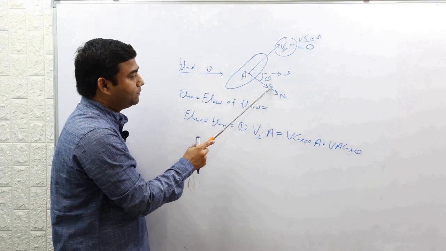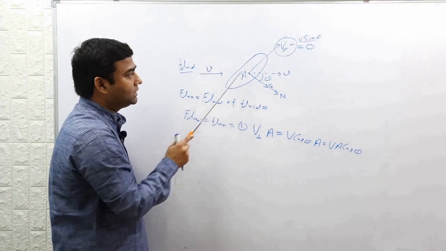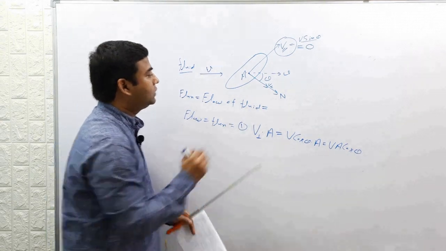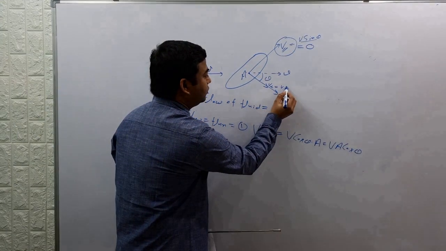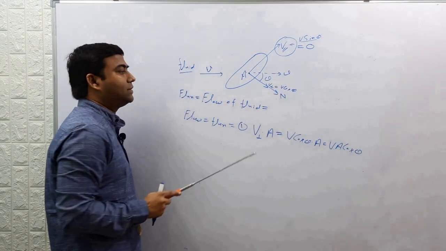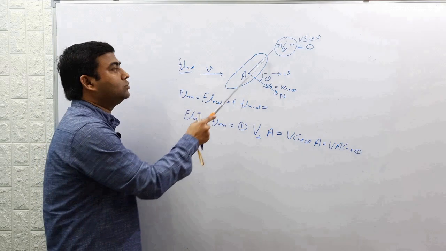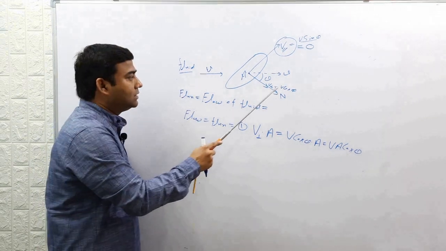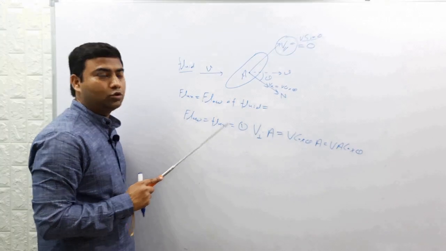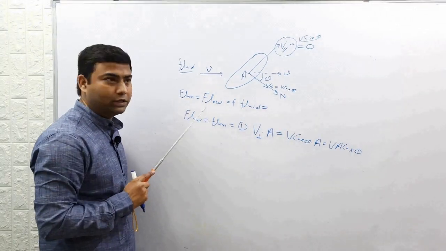The other component, v perpendicular, which is perpendicular to this area along the normal, is v cos theta. So this v cos theta component is perpendicular to this area. Hence, it completely contributes to the flow or flux of fluid.